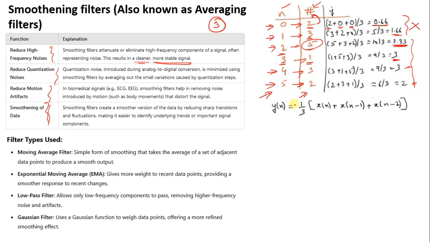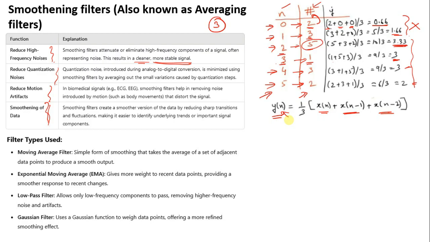So what we have done is y[n] equals 1 by 3 times x[n], the current instance, plus x[n-1], 1 instance back, plus x[n-2], 2 instances back, divided by 3. That is your moving averaging filter output. You change the value of n equals 0, 1, 2, 3 and you will be getting the outputs.